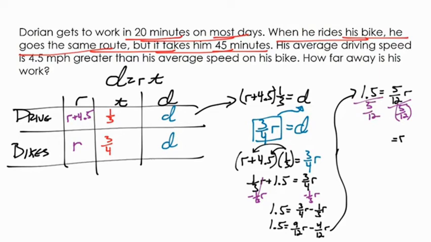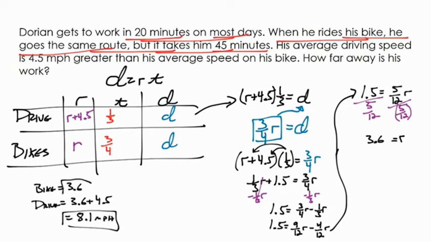My rate is 3.6. Remember, that's in terms of miles per hour. So what we have is the rate riding the bike. So our bike rate is 3.6 miles per hour, but the drive rate is going to be whatever 3.6 plus 4.5 would be. I think that would be 8.1 miles per hour.